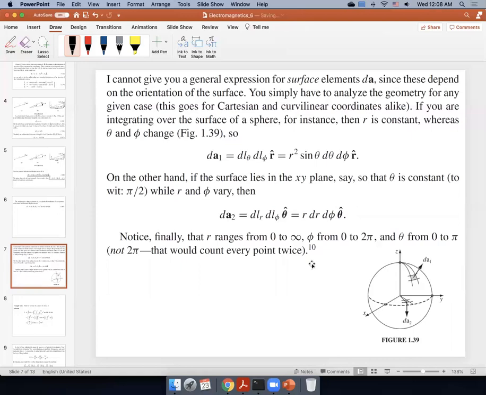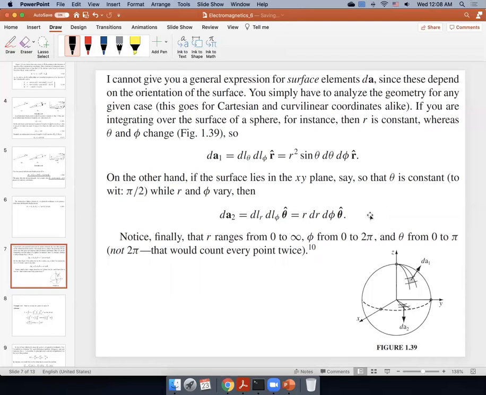Okay, now let's see the infinitesimal surface. There's no general expression for surface elements or dA because it depends on the orientation of the surface. You simply have to analyze the geometry for any given case.